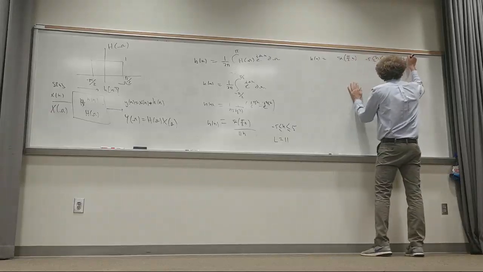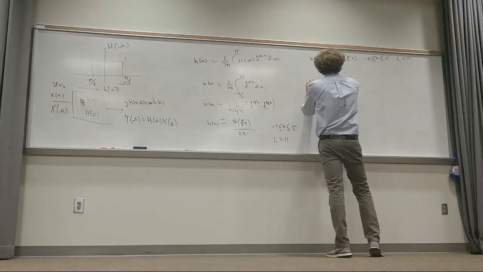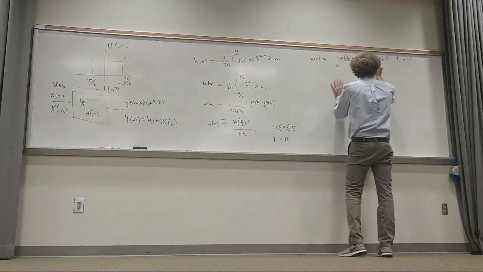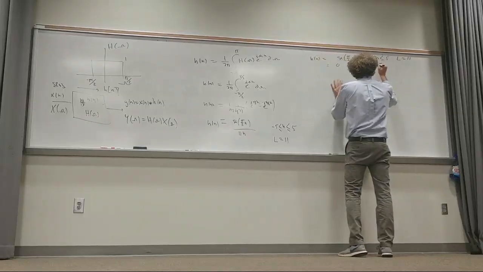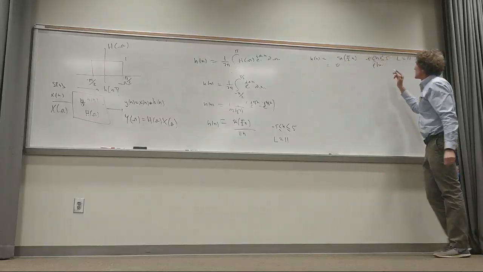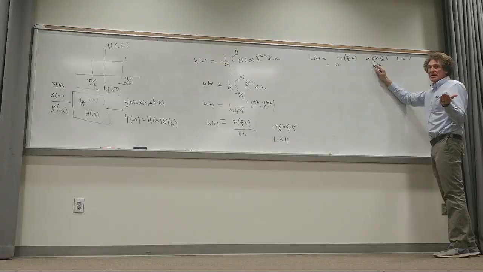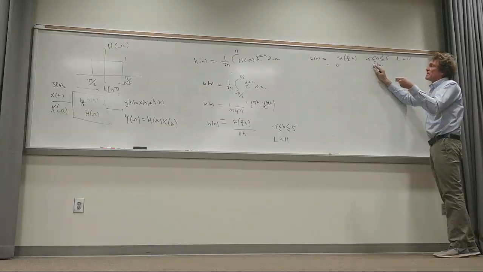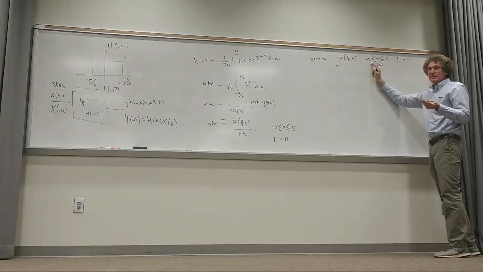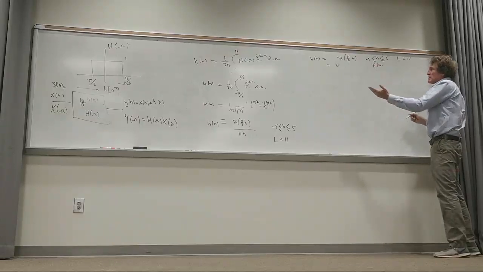That means L equals 11, and it's equal to 0 else. But this is still non-causal because it has values for n less than 0. Even though I truncated it so it's something reasonable to use, I still can't use it, because even if the delta function happens at 0, this thing still has values back to minus 5, so it anticipated it. With me? So now what we have to do is shift it, right?